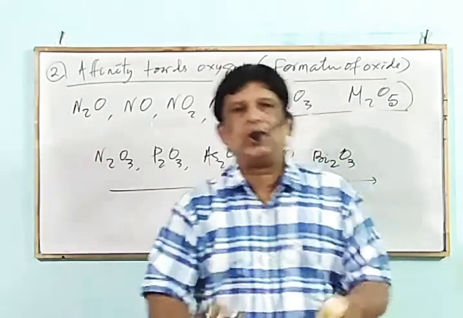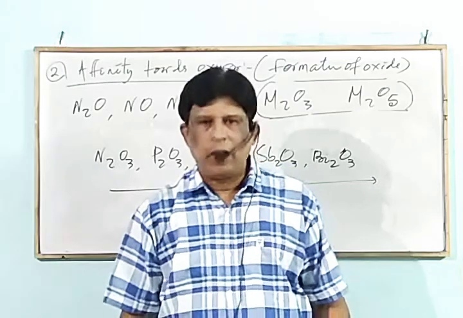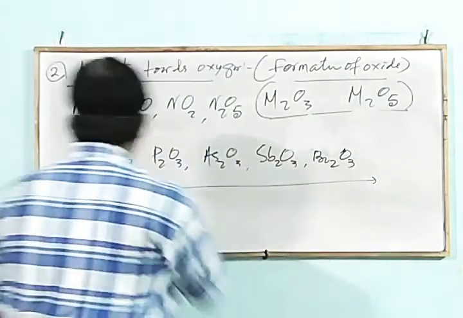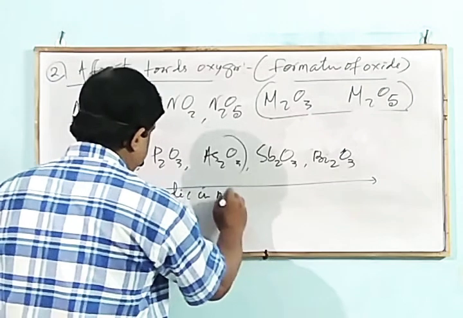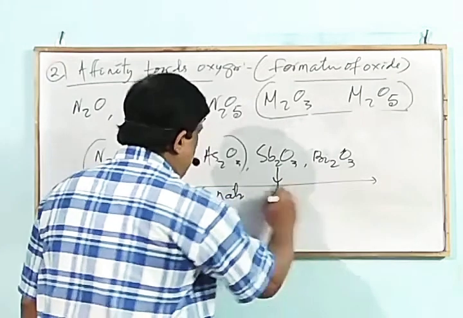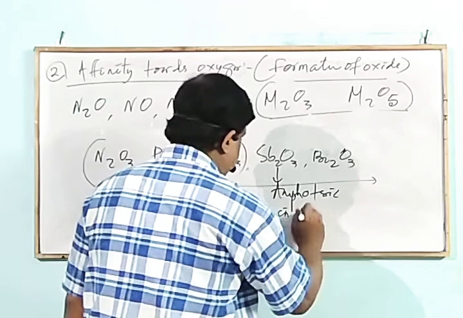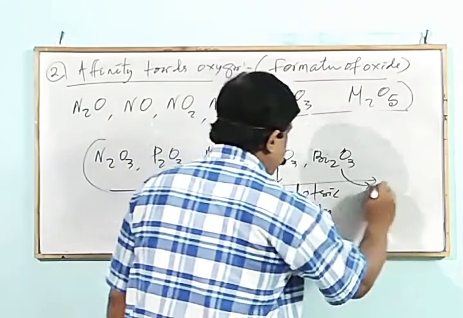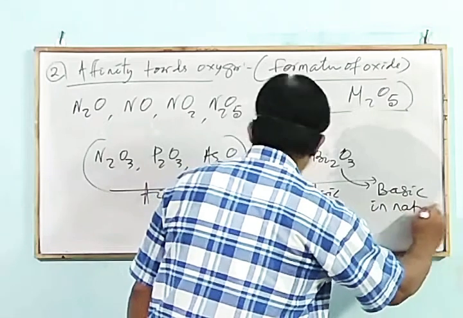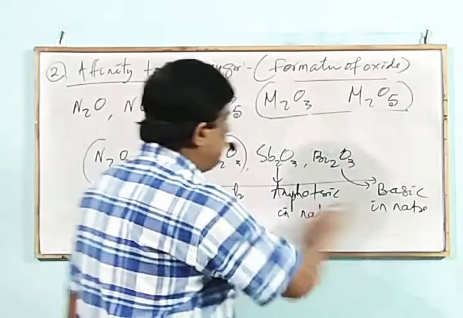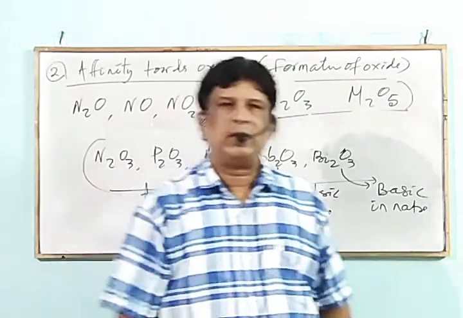Means acidic nature gradually decreases, basic nature gradually increases. For example, these are acidic in nature, this is amphoteric in nature, while this one is basic in nature. That means acidic nature gradually decreases and basic nature gradually increases.